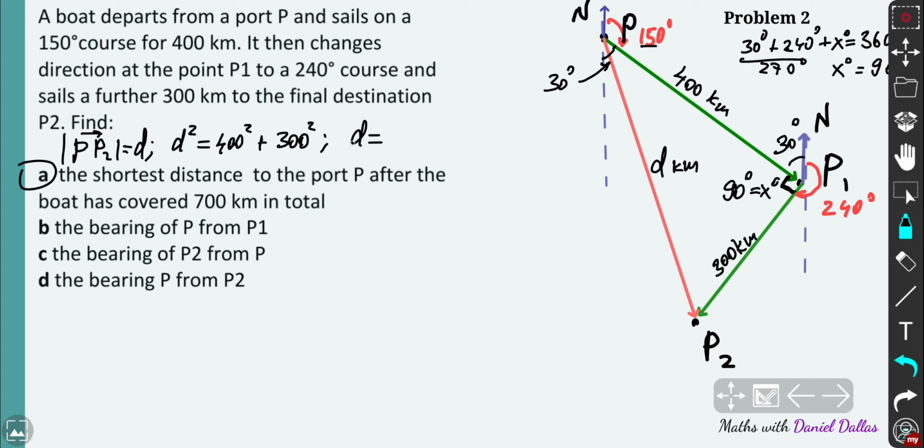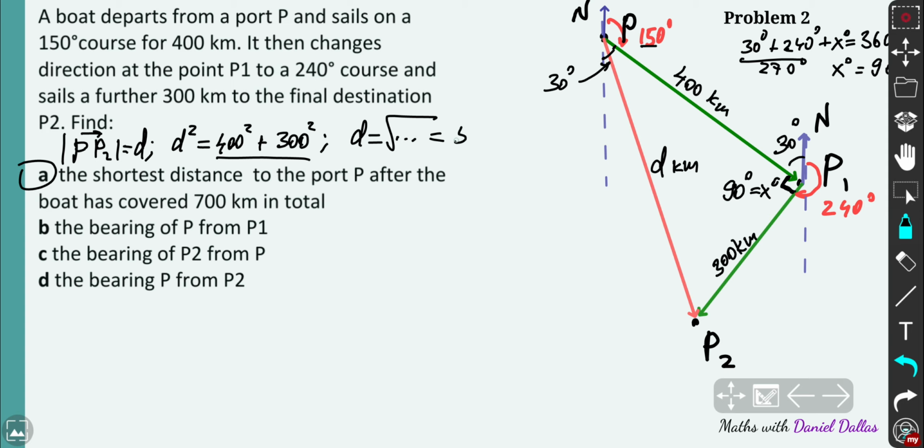So from where d is going to be the square root of 400 squared plus 300 squared, taking the square root of all.